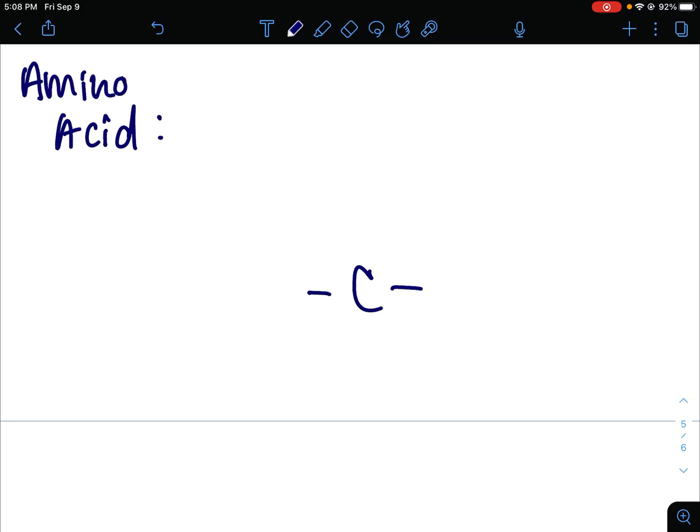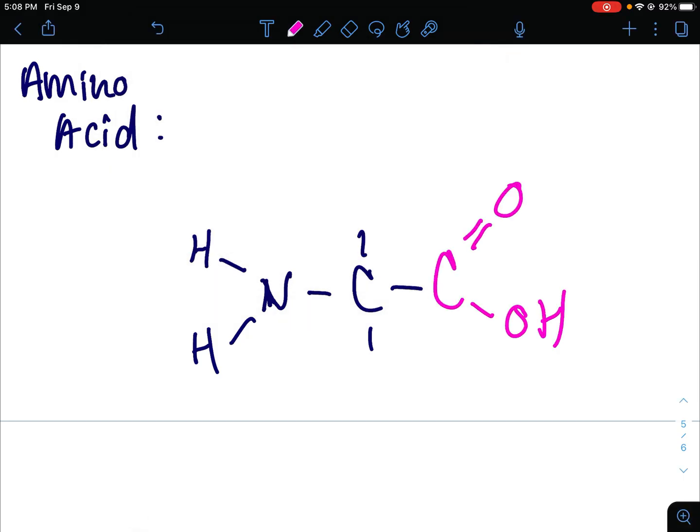Carbon makes 4 bonds. You are then going to have an amino group because it is an amino acid. So you have a nitrogen connected to that carbon and then 2 hydrogens. And then you are going to have a carboxyl group, which is going to be another carbon with an O and an OH.